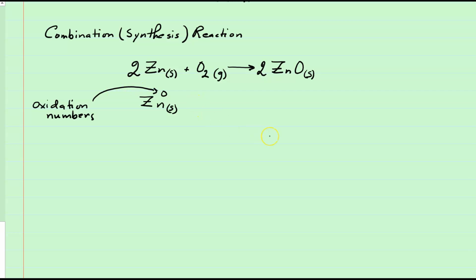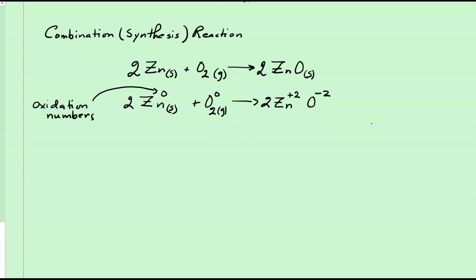Every element in its natural elemental state has an oxidation number of 0. So here, the oxygen, again, is in its elemental state, so it has a charge of 0 also. But once they react, what you see is that the zinc, we have 2 zinc, and each zinc is a +2. And each oxygen is now a -2.